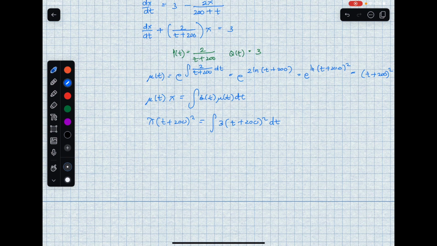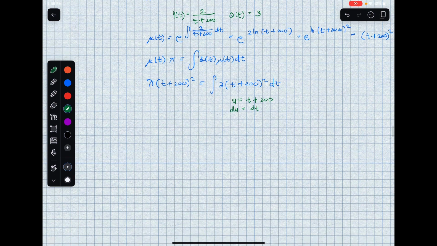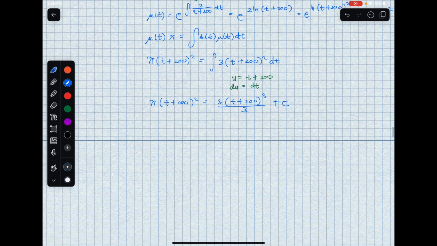So we can use the power rule here. Our u is t plus 200, so our du is dt. Therefore, x times t plus 200 squared will be equal to 3 times t plus 200 raised to 2 plus 1, which is 3, all over 3, plus c.